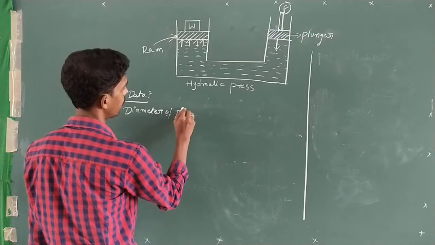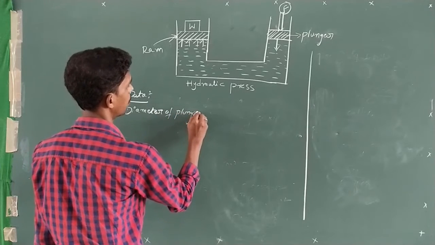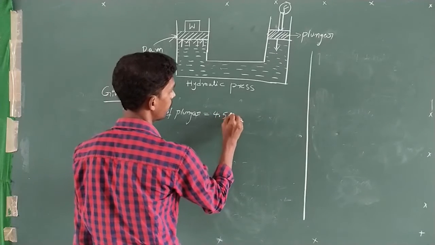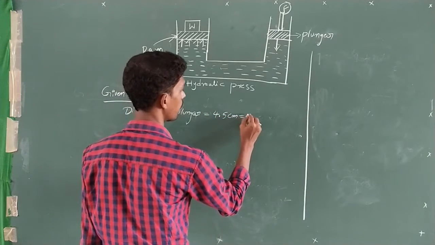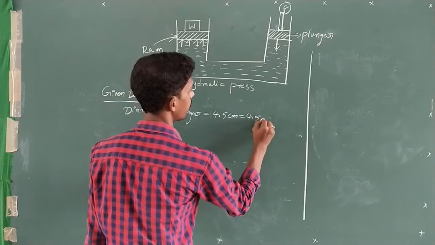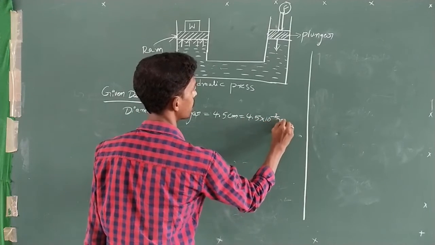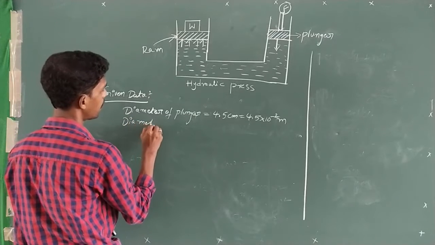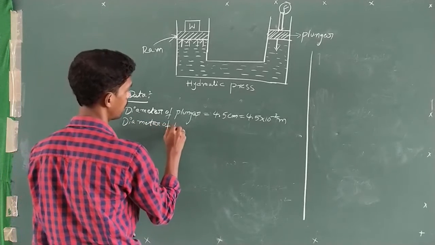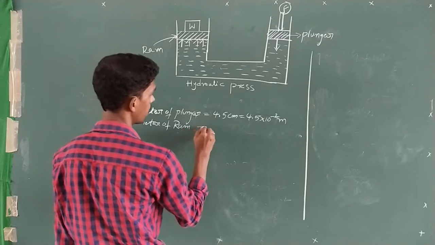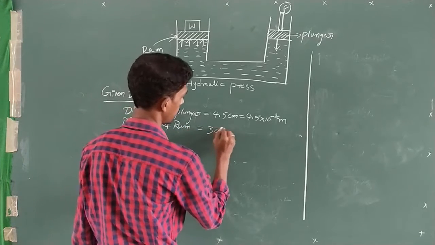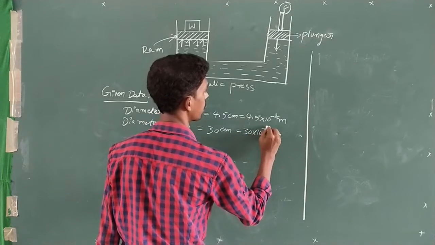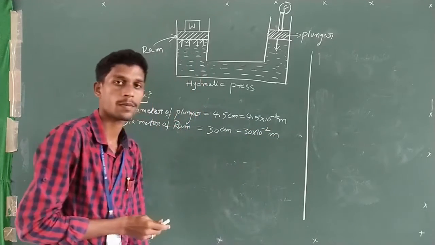Diameter of plunger is equal to 4.5 centimeter, that is 4.5 into 10 power minus 2 meter. And diameter of ram is equal to 30 into 10 power minus 2 meter.